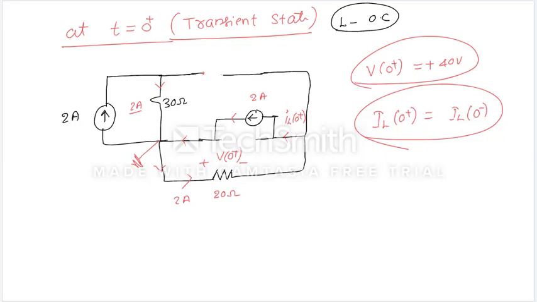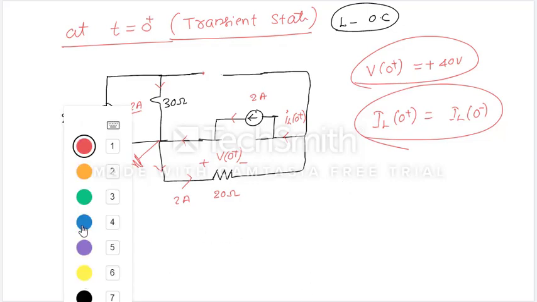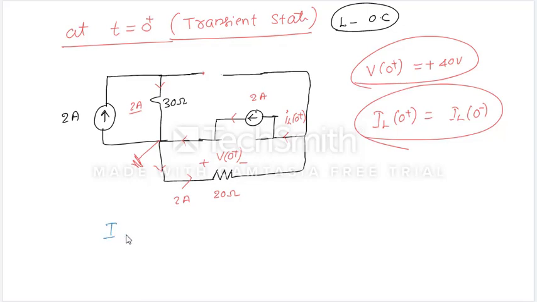Now let us find IL of t, the general expression. What is the formula we have seen? IL of t equals final value plus initial value minus final value, into e power minus t by tau.